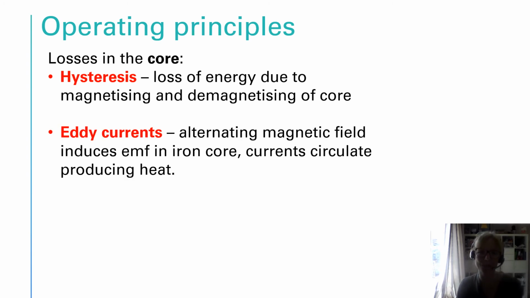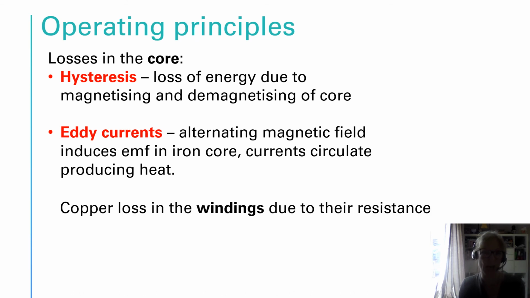And we also have eddy currents in the iron core, where the alternating magnetic field induces an EMF within that core itself, not just in the windings around the core, and these currents are circulating and they produce heat, and that's your heat loss. And also in your windings you get losses, due to the resistance of the actual windings, and that's the copper loss.